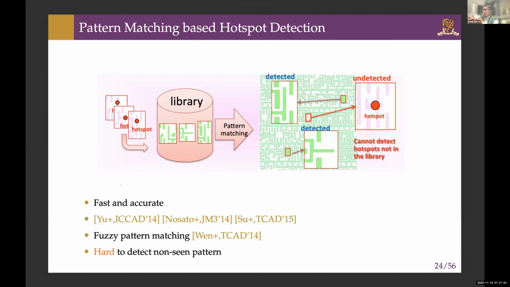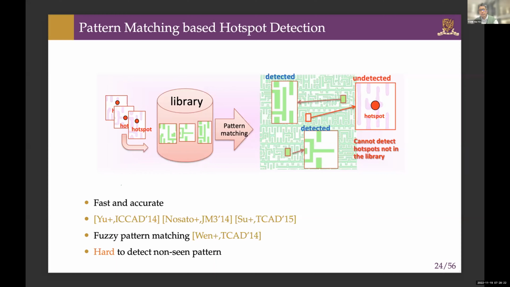Every time we check one clip, we compare it with all the patterns in the library. If we find two patterns are identical, we say, oh, I got one hotspot. People are also talking about fuzzy pattern matching, which means even if two patterns are not exactly identical, if they are similar, we can also claim we detected one hotspot.